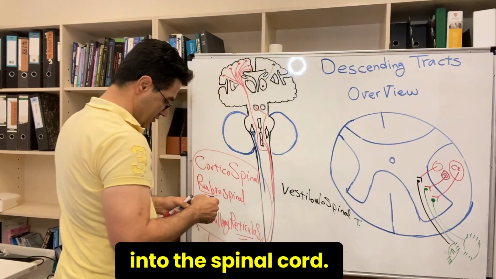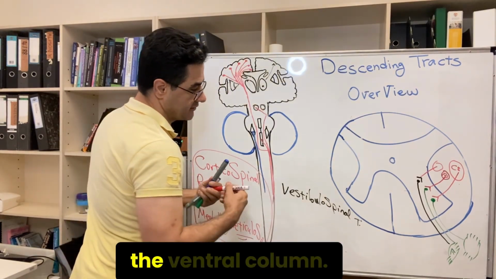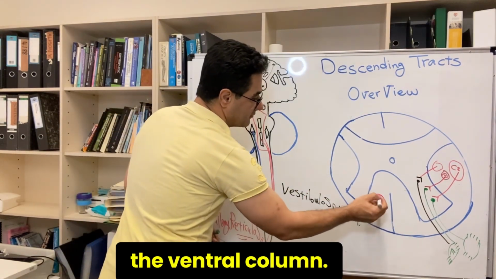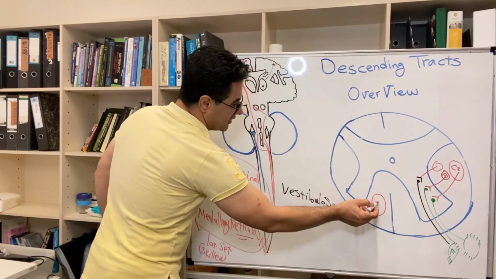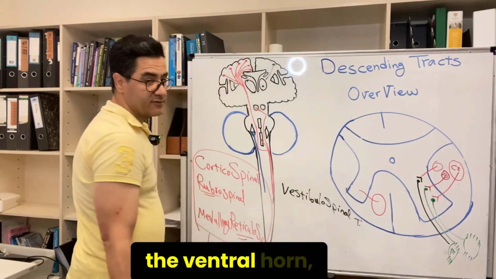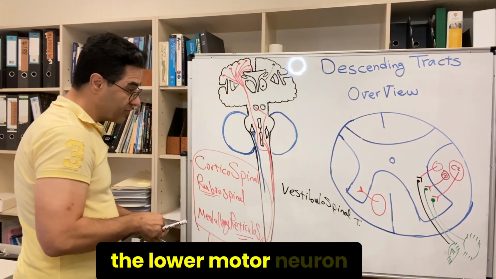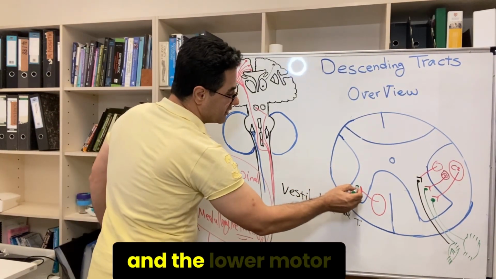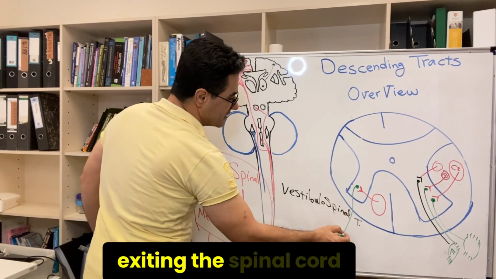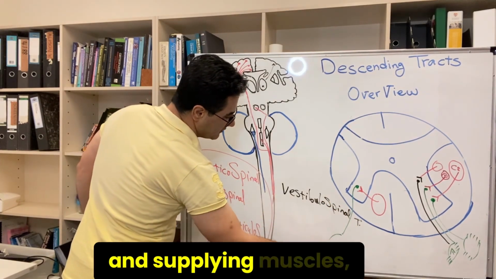In the spinal cord, it lands here, the ventral column, and then like those three, the upper motor neuron getting into the ventral horn, synapsing onto the cell body of the lower motor neuron, and the lower motor neuron axon exiting the spinal cord and supplying muscles.